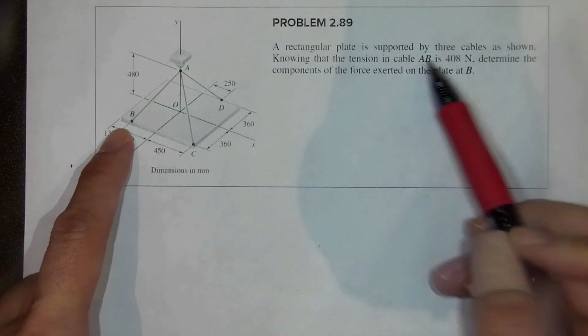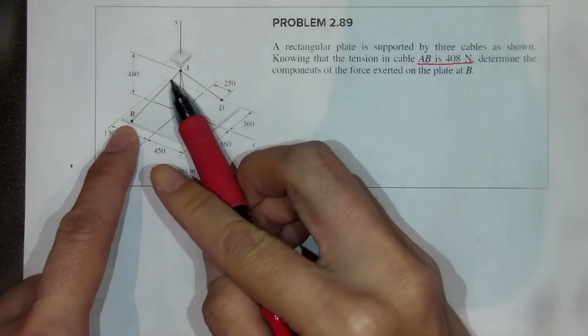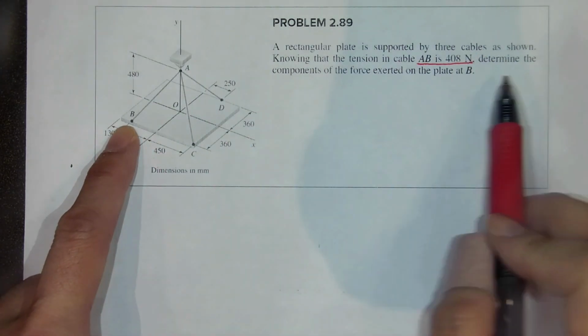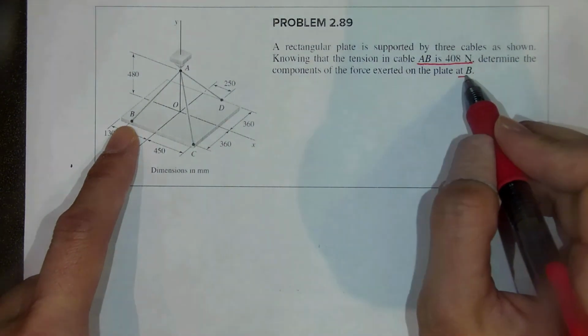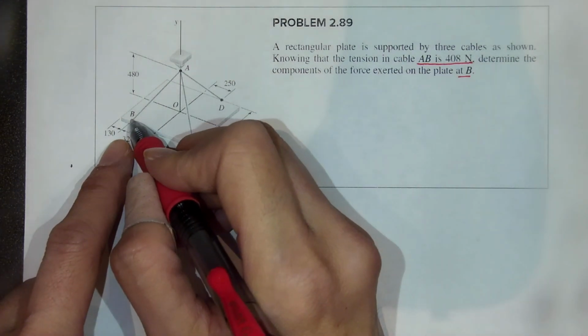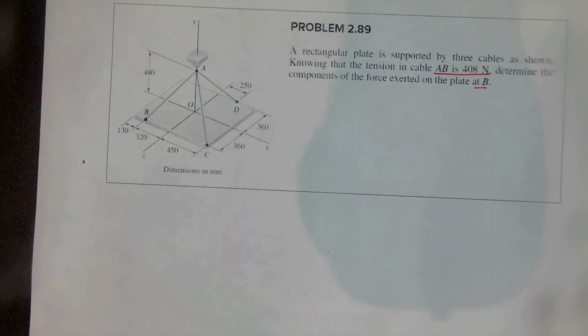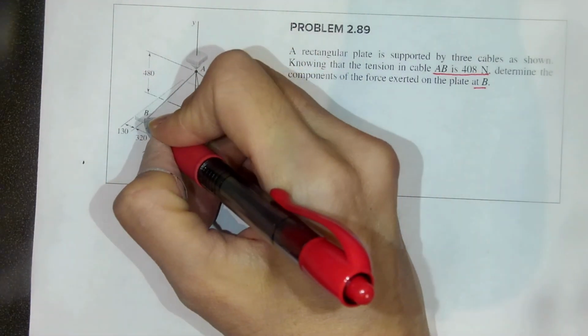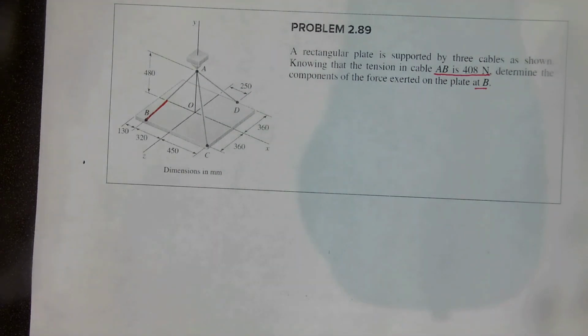So given is the magnitude of AB. And then the component of the force exerted on the plate at B. So B is here, and AB is a cable supporting this plate, right? And looks like it's following the direction of cable AB, right?